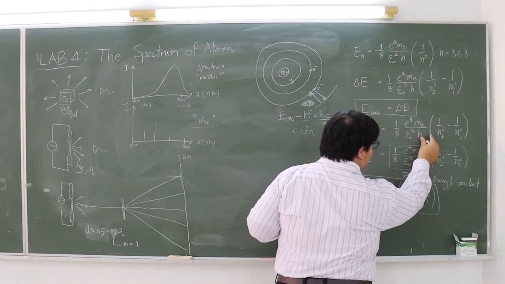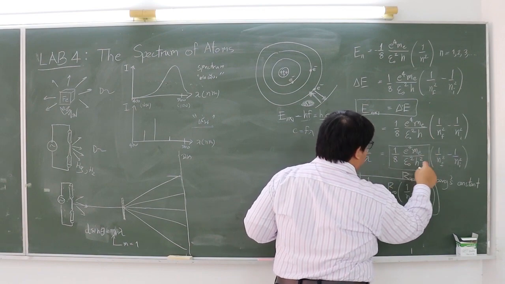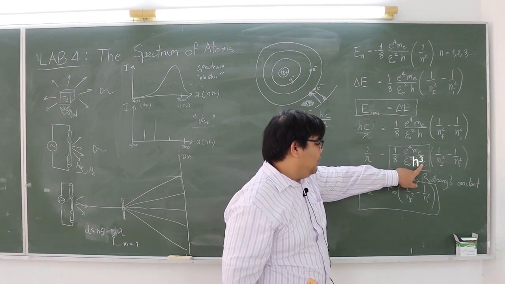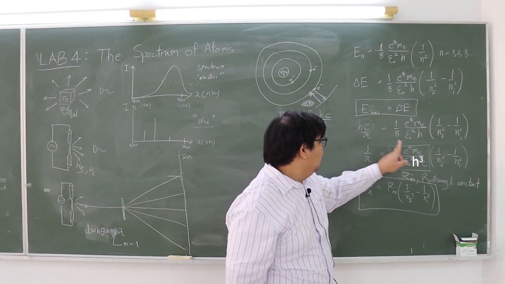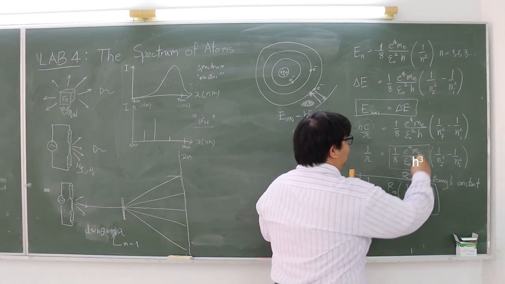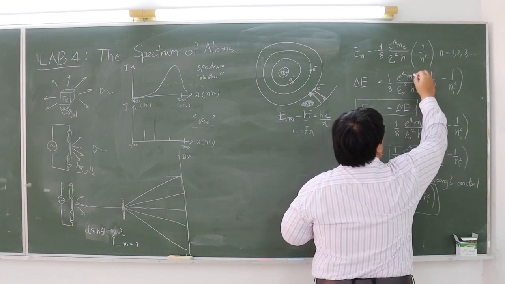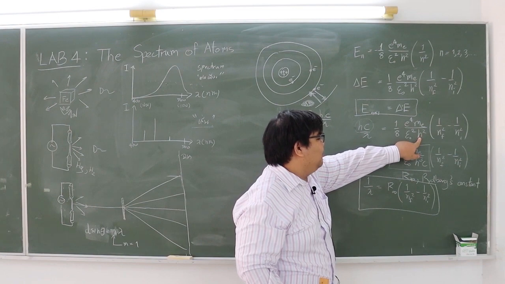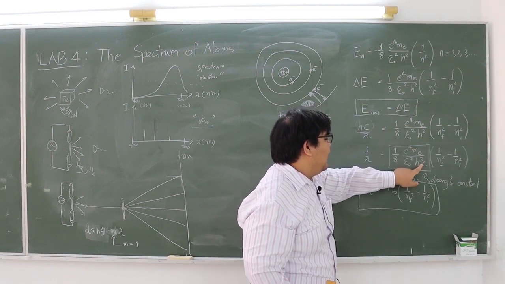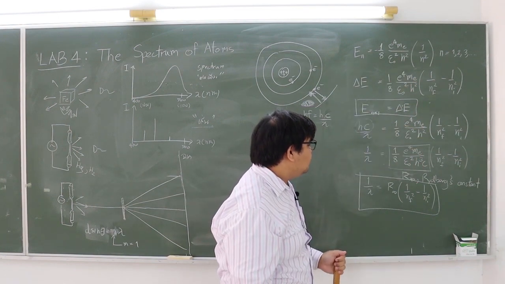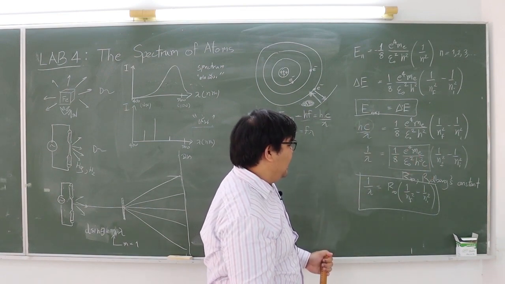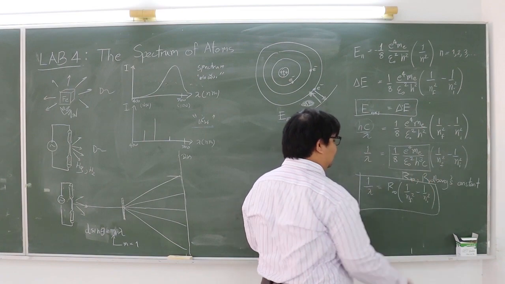I move this constant into the right hand side. I'm sorry, this has to be h to the 3rd power. This h and this h, oh sorry, you have to change h to h squared. So we get h to the 3rd because we move h here. c is also moved downwards here.